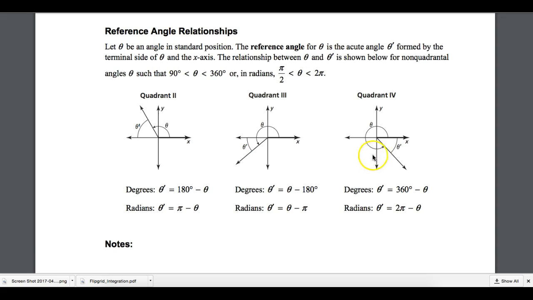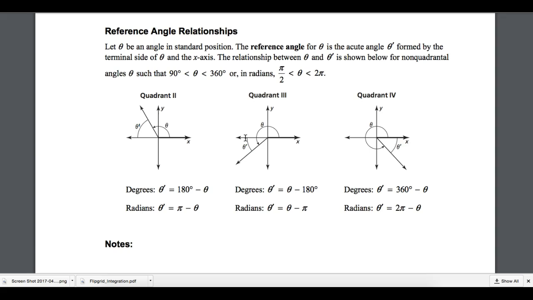If we have one in quadrant 4, it's the angle between our terminal side and the positive x-axis. So, rules of thumb: if your terminal side lies in quadrants 1 or 2, then your reference angle goes down to the x-axis. If your terminal side lies in 3 or 4, then your reference angle goes up to the x-axis.